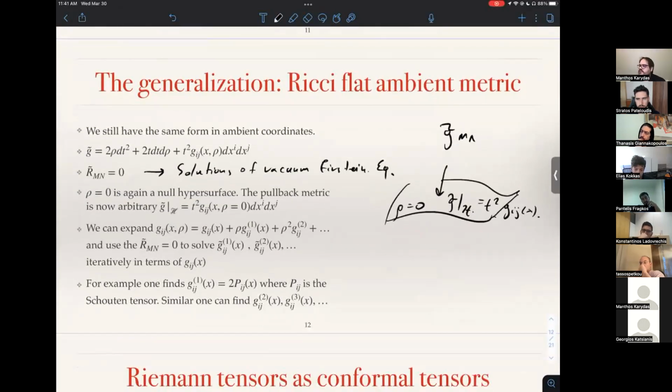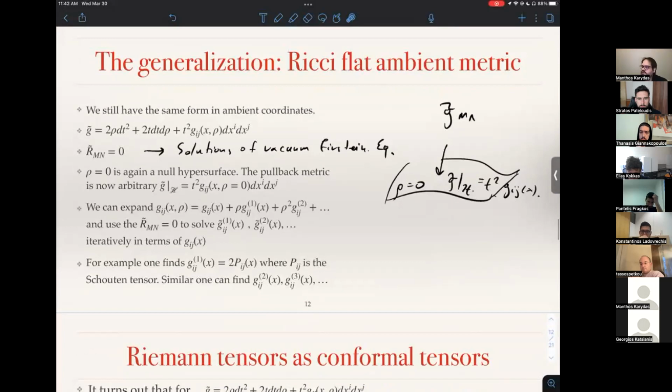The Ricci condition is actually very important. One thing it does is you can expand this metric in a Taylor series in rho, and you can use the Ricci equations to propagate away from the null surface. That's kind of like an initial value problem, what Thanasis talked about before. You just imagine this pullback metric to be the initial data, and you propagate at least in the neighborhood near the null surface using the Ricci flatness condition.